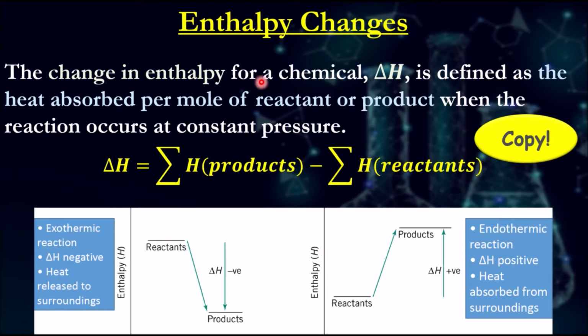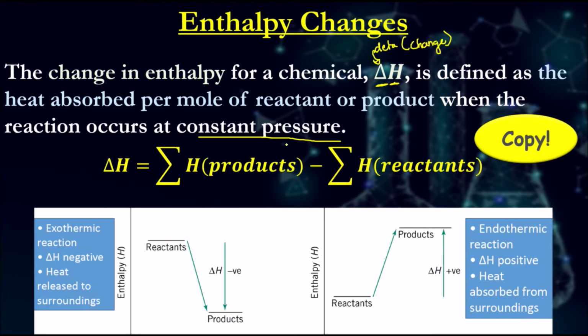Alright, so to measure enthalpy changes, and this is how we determine whether or not we get an exothermic or endothermic reaction, we calculate a change in enthalpy, or what we call delta H. So this delta sign here, it's called delta, it's a Greek letter, and it represents change. Change in enthalpy is the amount of heat absorbed per mole of reactant or product when the reaction occurs at constant pressure.